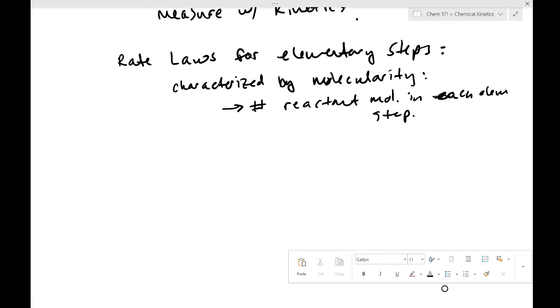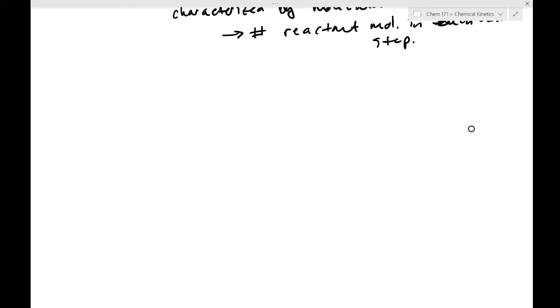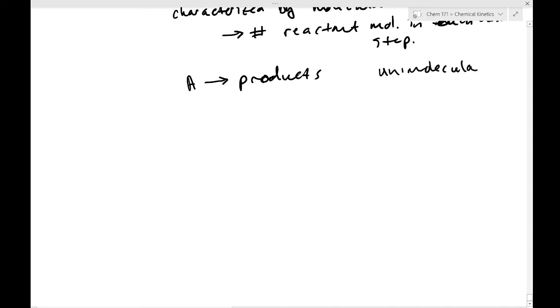If we have, for example, the generalized elementary step going from A to product, this would be a unimolecular step. If we have A and A going to products, this is a bimolecular step.